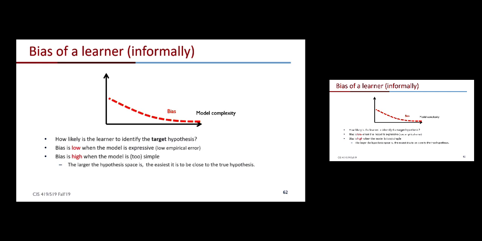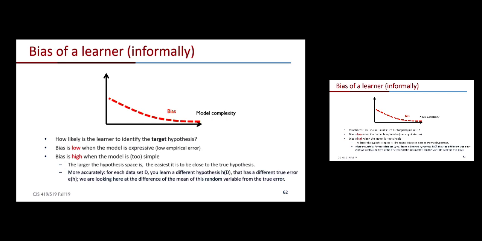If you have a lot of choices in your hypothesis space, for every training set that you see, you'll be able to fit it, and you'll be able to get as close as possible to the minimum error of the hypothesis that you've chosen.